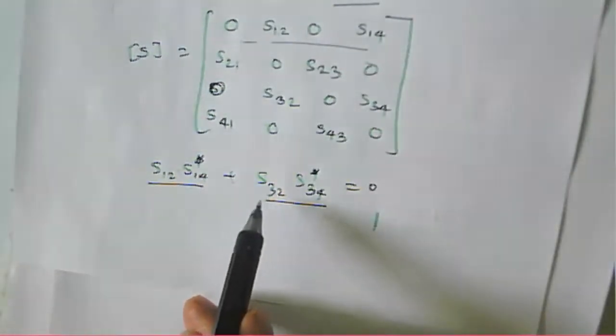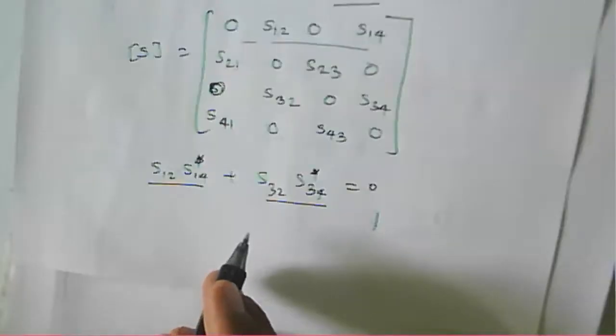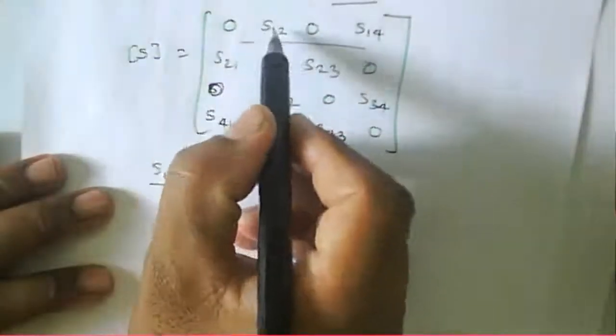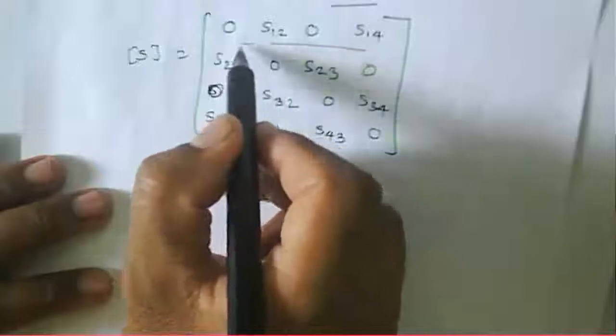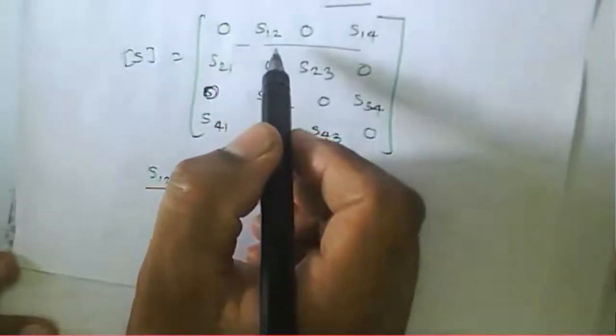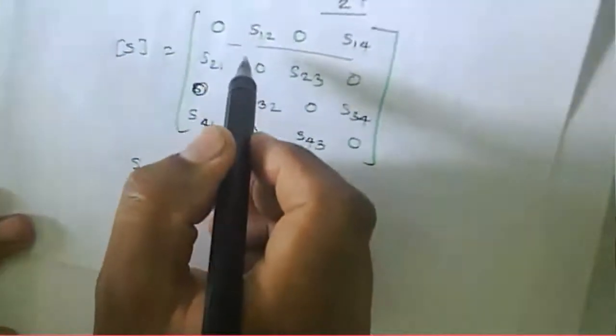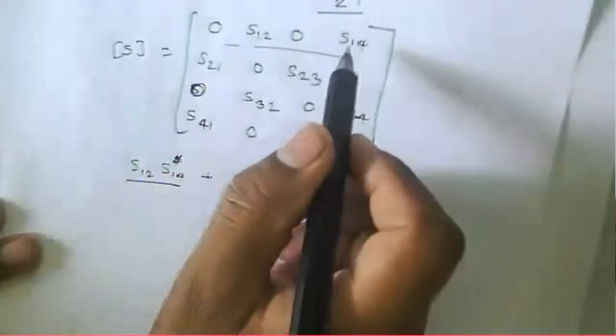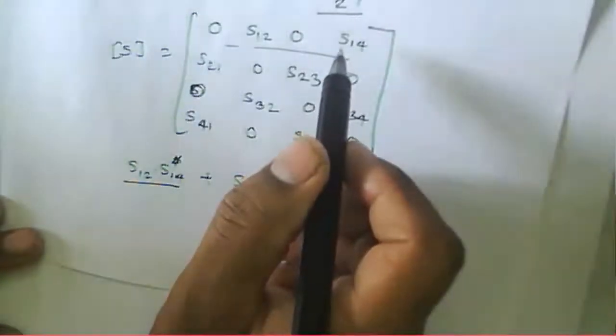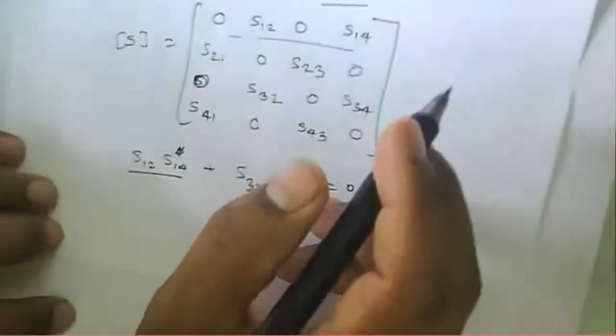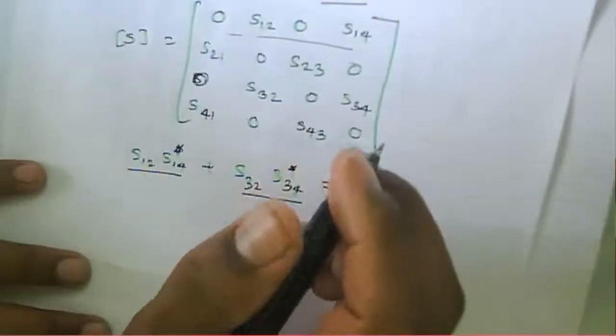Now when this condition occurs, in this particular row, one of the elements has to be a real one, and another has to be an imaginary one. How do these real and imaginary components occur?